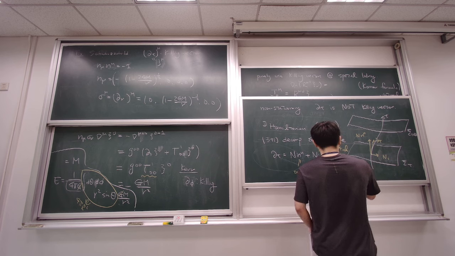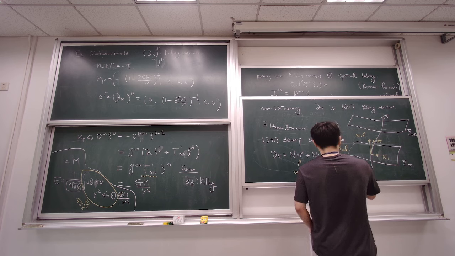This is the stress energy tensor of the perfect fluid. Here u is the time unit vector, and g mu nu plus u mu u nu is the induced metric on the spatial hypersurface. So this is exactly the same as here. This is the induced metric.